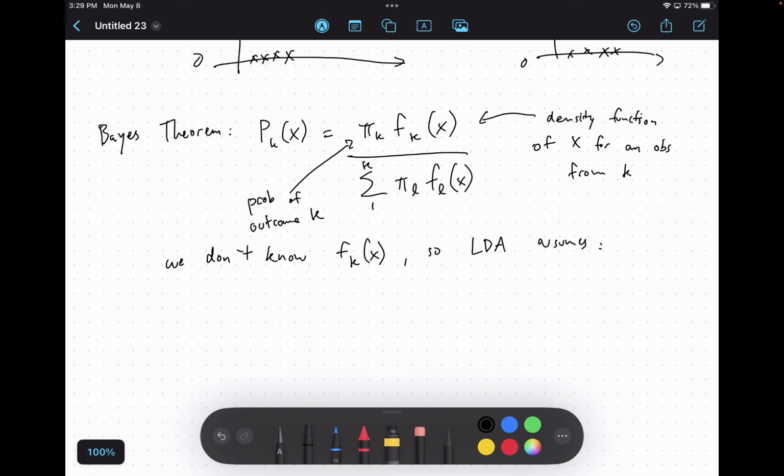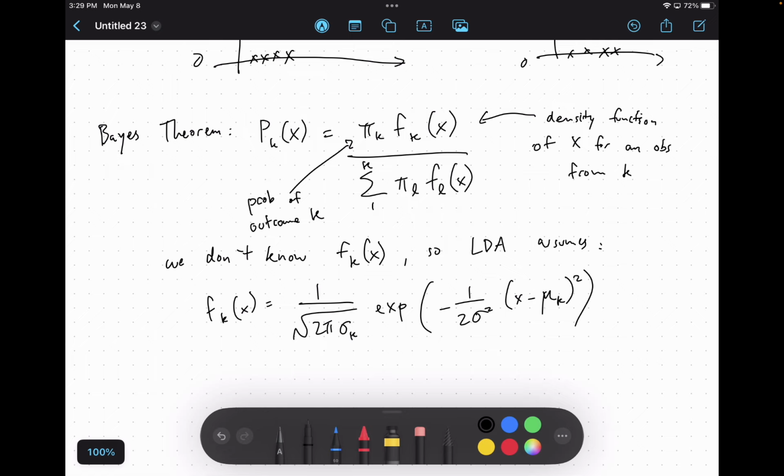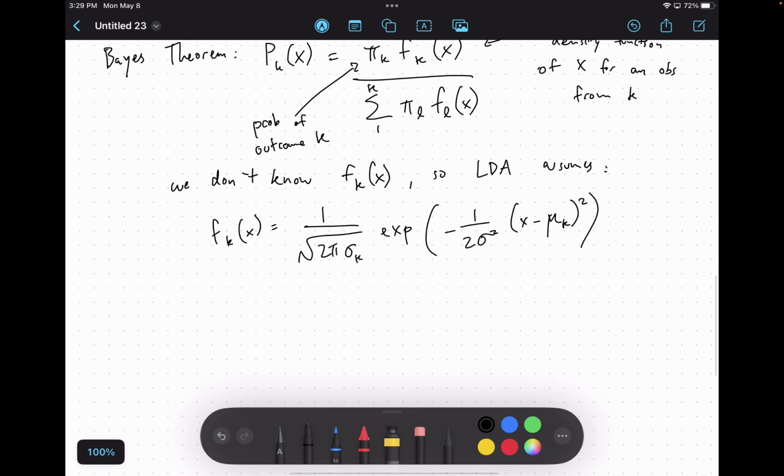So LDA assumes this. Does this look familiar to anybody?